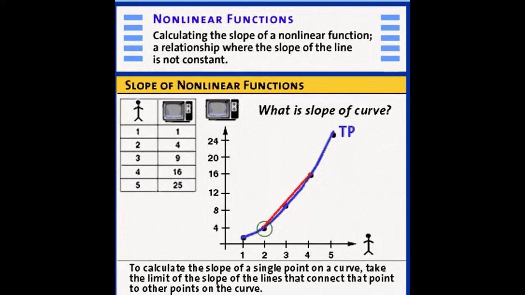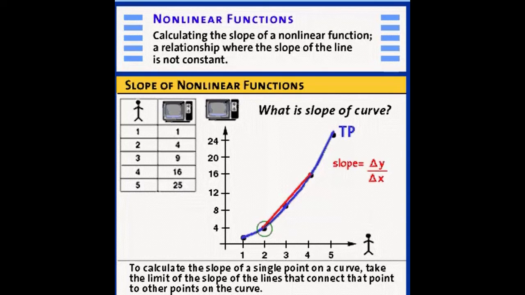Now, what's the slope of that red line that connects this dot with this dot? What's the slope of that line? Well, let's calculate it. The slope of my red line here is equal to the rise over the run, or the change in the vertical axis variable, that is a change in the number of television sets, divided by the change in the number of workers.